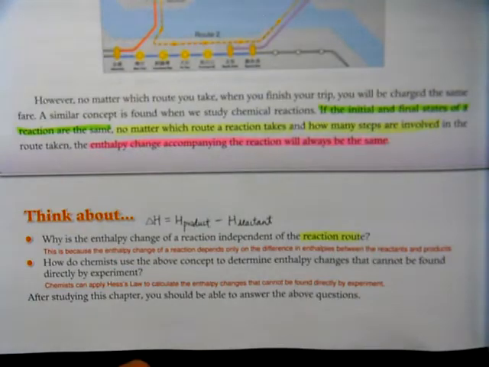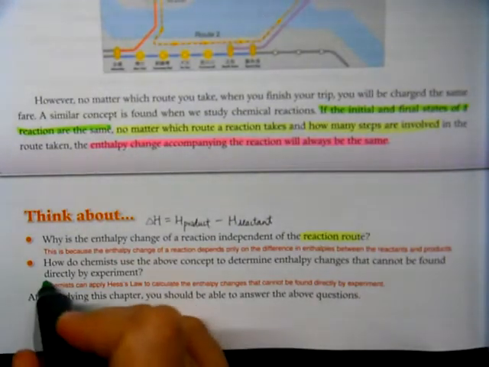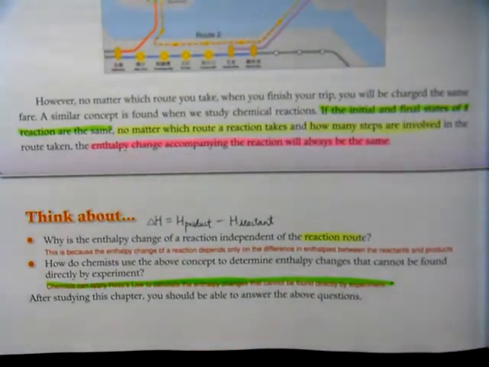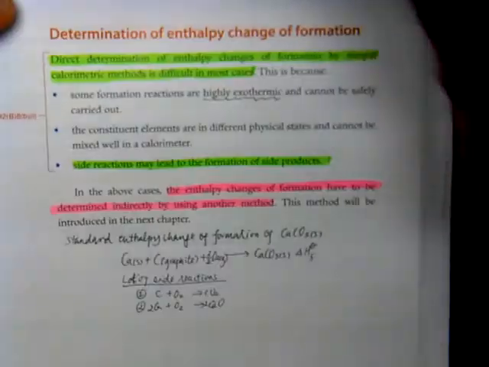Please copy down this answer and highlight. Chemists can apply Hess's law to calculate the enthalpy changes that cannot be found directly by experiment.